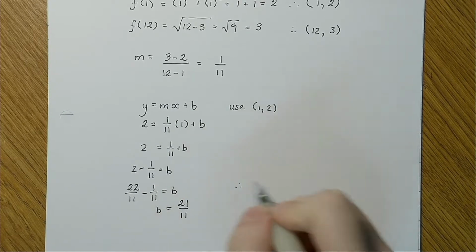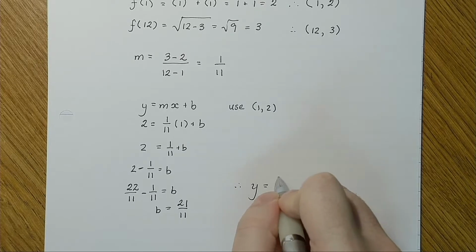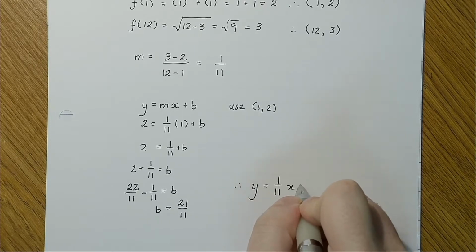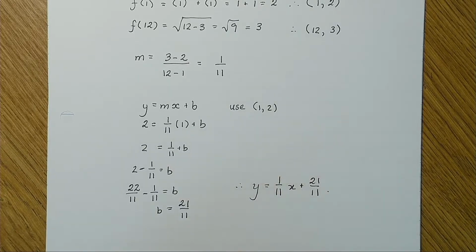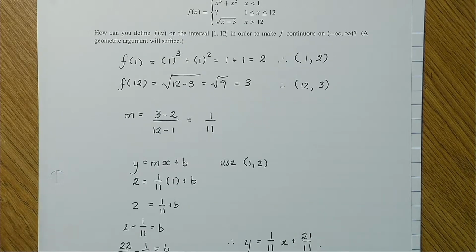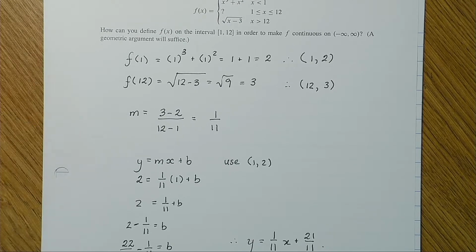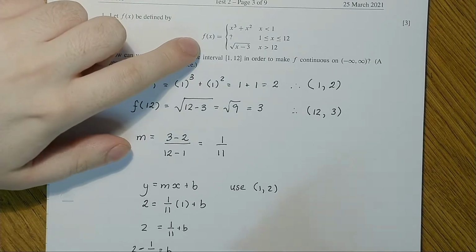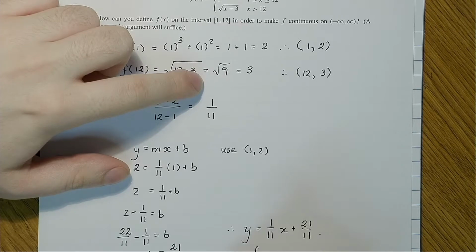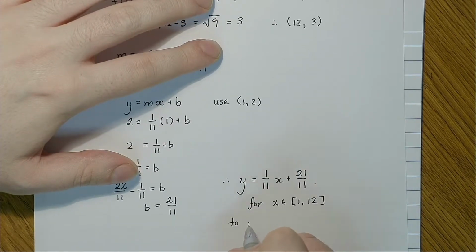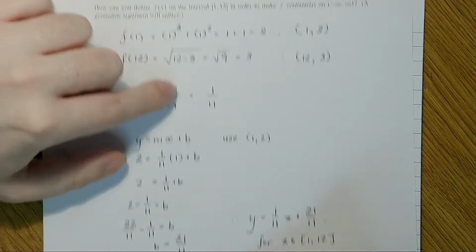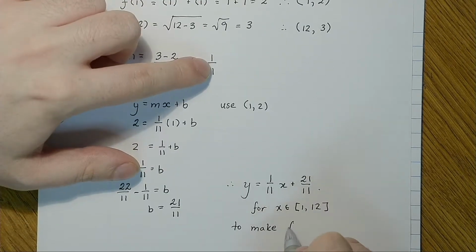Therefore y equals 1/11 x plus 21 over 11. So that's question 1. That's how we would connect the interval from x equals 1 to 12 to make this function f of x continuous.